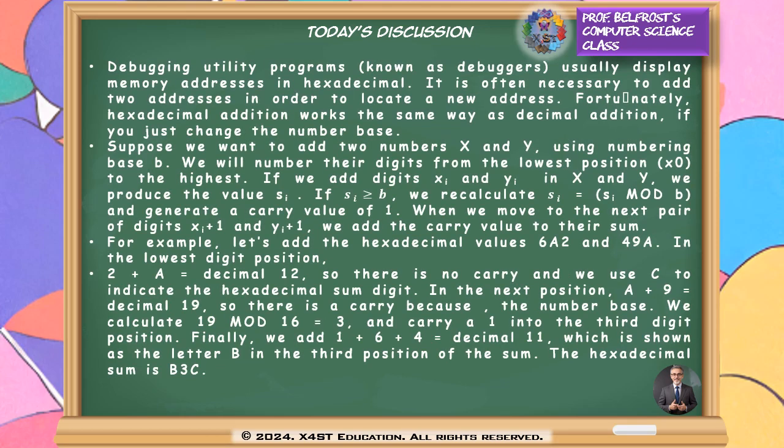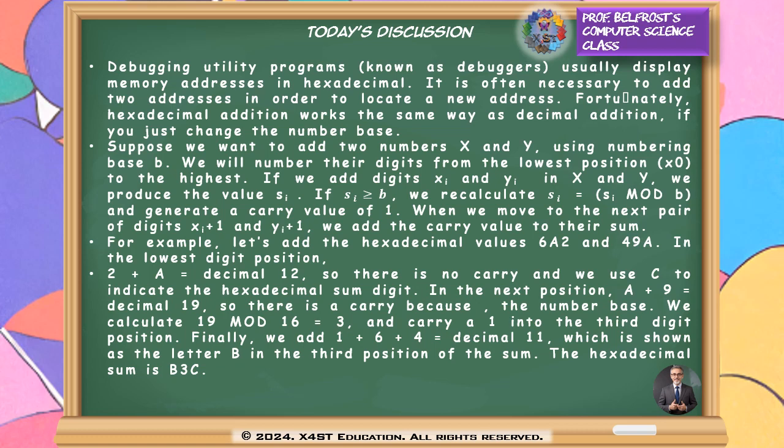Okay, so debugging utility programs usually display memory addresses in hexadecimal, and it is often necessary to add two addresses in order to locate a new address. Hexadecimal addition works the same as decimal addition, you just change the number base. Suppose that we want to add two numbers, x and y, using number base b.